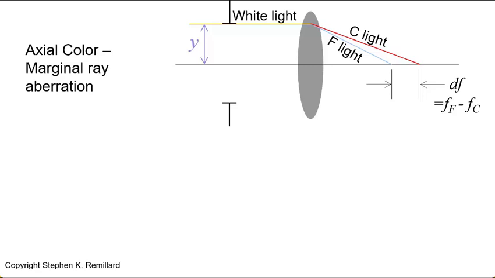So if you try to form an image only with blue light, you would find the image on the optical axis at the place where this F-light is striking it. If you try to form an image using only red light, the image will form on the optical axis where the C-light is striking it. Those are 2 different focal points. There's a chromatic focal shift, DF, the difference between where the F-light and where the C-light strikes the optical axis.